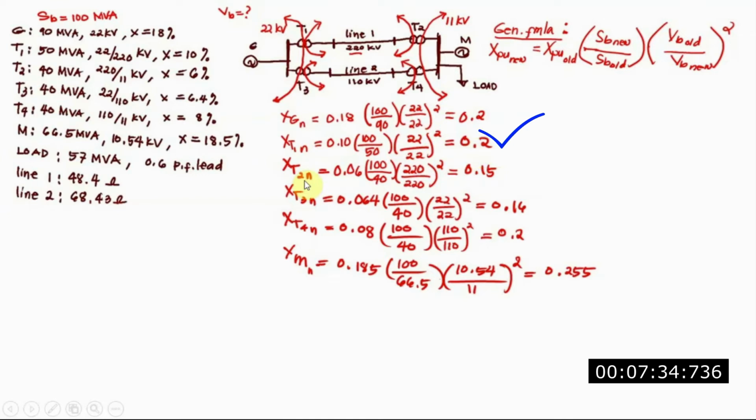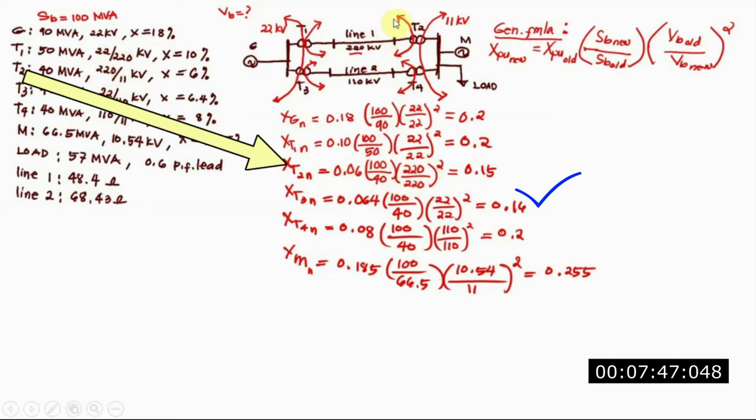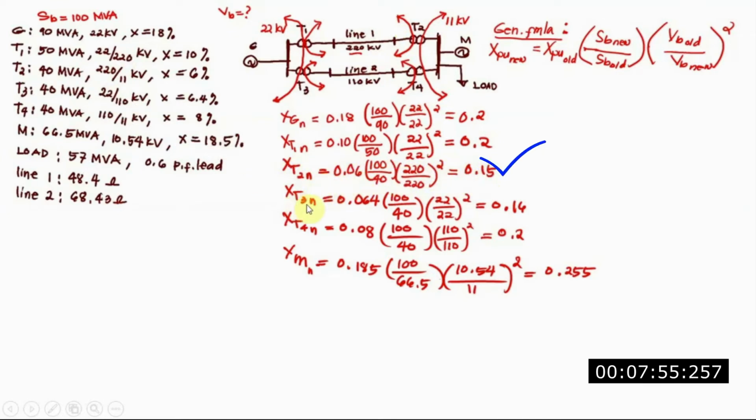For transformer 2, we have 0.06 and 100 over 40, 220 over 220, so that's 1, squared, and you multiply it, and that is 0.15. For transformer 3, you have 0.064 here, and you get 0.16. And for transformer 4, you have 0.2.